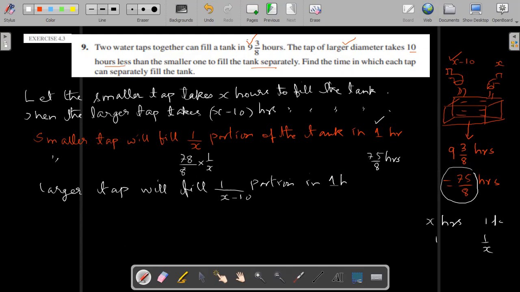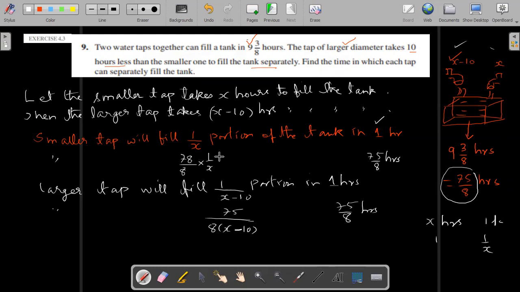So we find how much it fills in 1 hour, and then convert into 75 by 8 hours. So the larger tap will fill for 75 by 8 hours. How much time? Multiply this. So we get 75 by 8 into x minus 10.